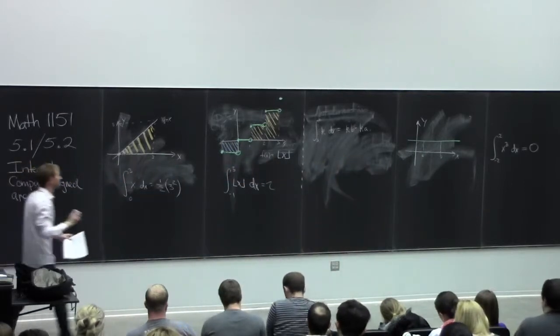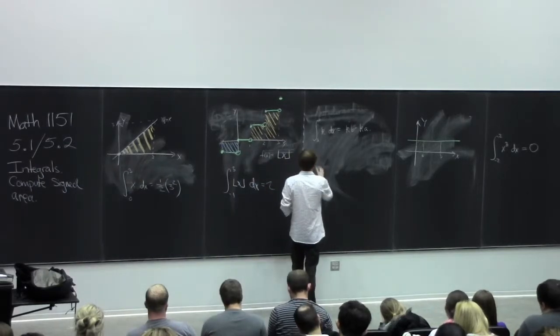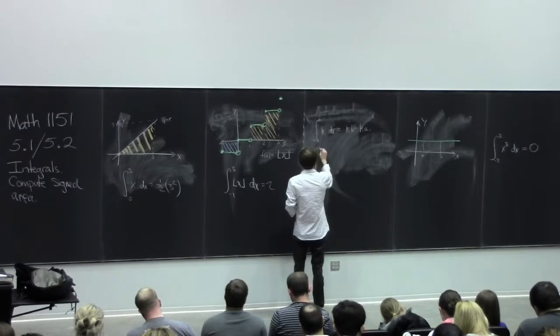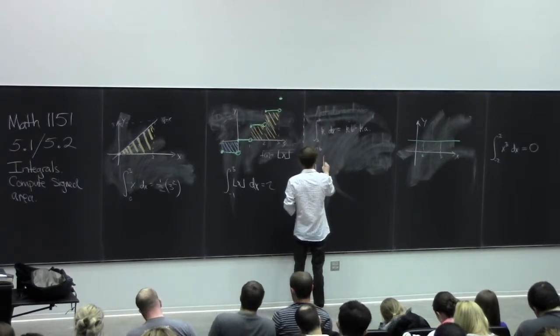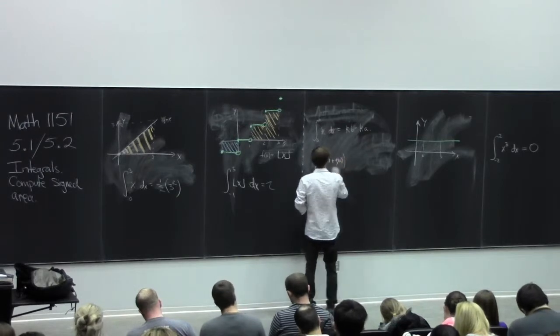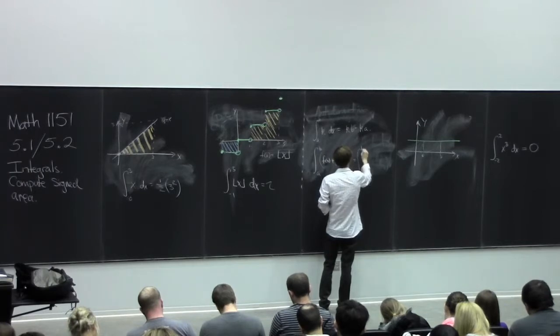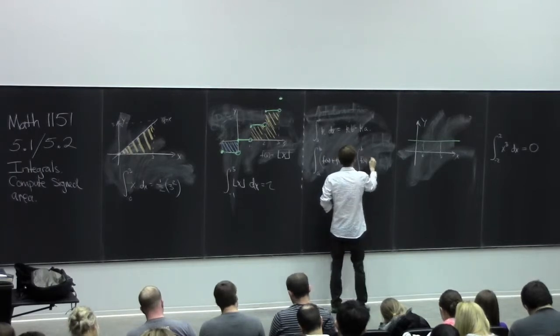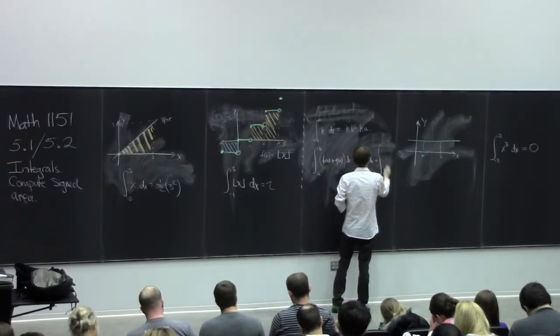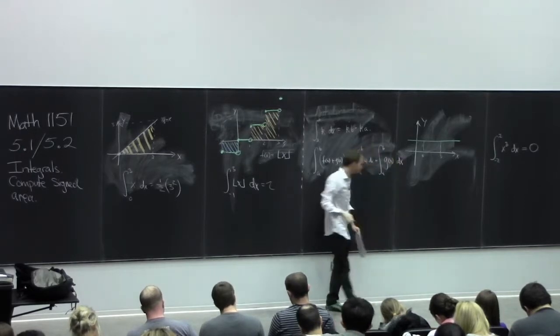Okay, so now here's the next one. This one's a little harder, I think. The integral from a to b of f of x plus g of x dx is equal to the integral from a to b of f of x dx plus the integral from a to b of g of x dx.